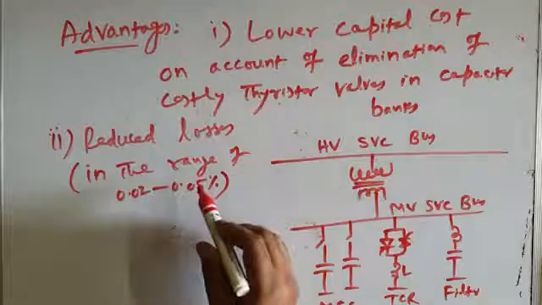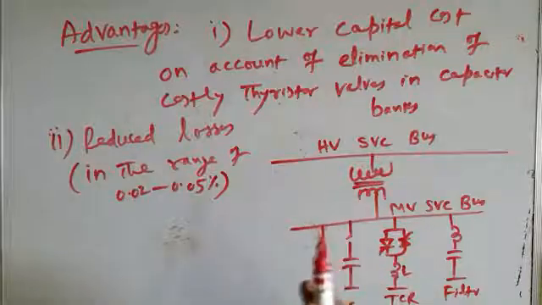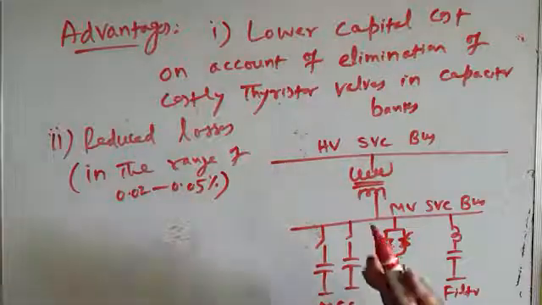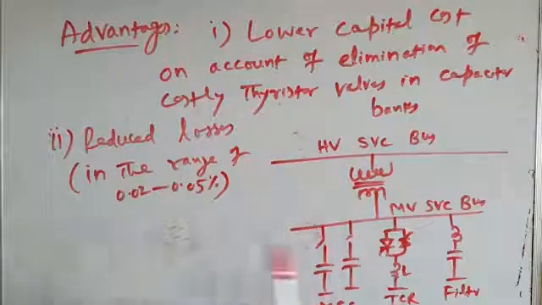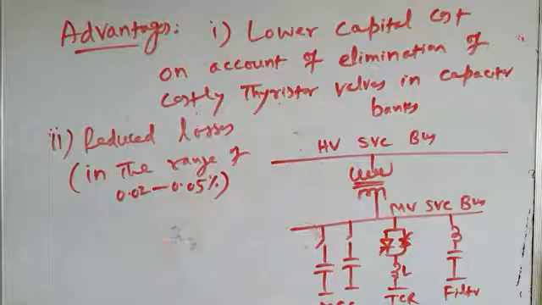Why is the power loss reduced? Because the thyristor valves are eliminated, the conduction and switching losses of those valves don't exist. So the overall losses of the complete SVC are reduced to a very low range, 0.02 to 0.05%.